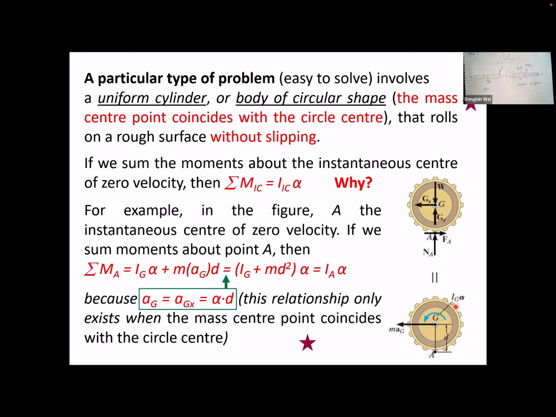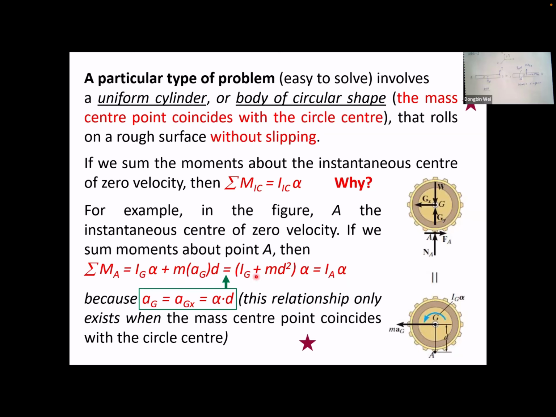One is IG alpha, and another one is the kinetic moment generated by m AG about A. And this can be simplified, and finally we get IA alpha. We can rearrange the right side in this equation.